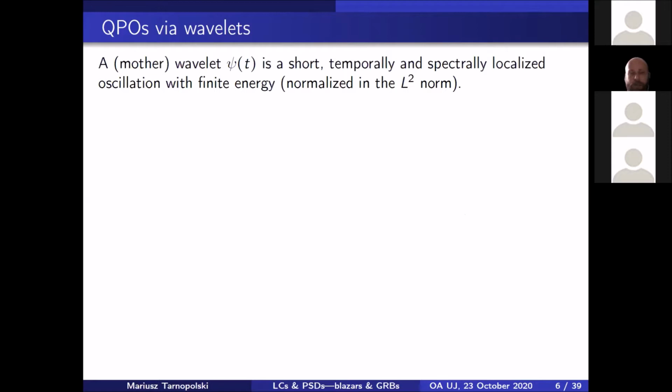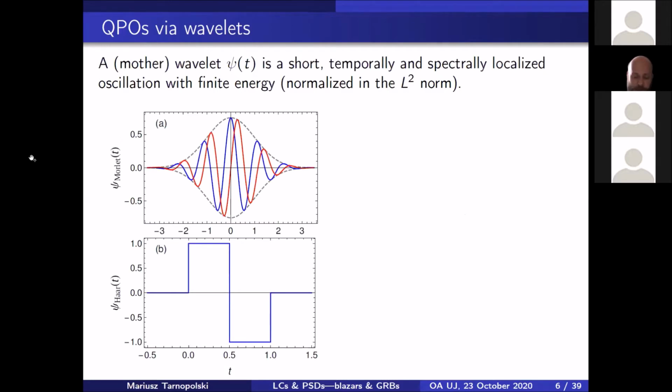Let's go to wavelets, which in essence are wave packets, constrained in time oscillations with a fixed primary frequency. So there's a bunch of different wavelets which can be complex, like this Morlet wavelet, where the real and imaginary parts are blue and red, respectively, or this purely real Haar wavelet.